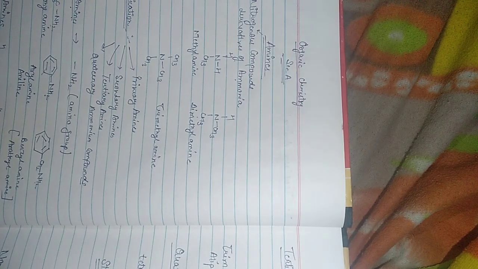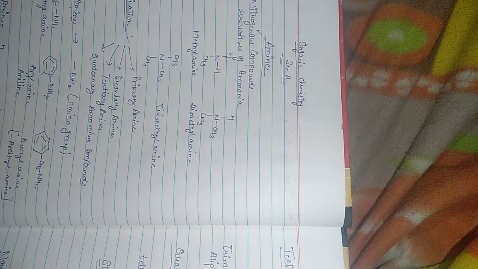For this secondary amine under the IUPAC system, the naming will be N-methyl methanamine. I told you just now that CH3NH2 is methanamine. So this is N-methyl methanamine.